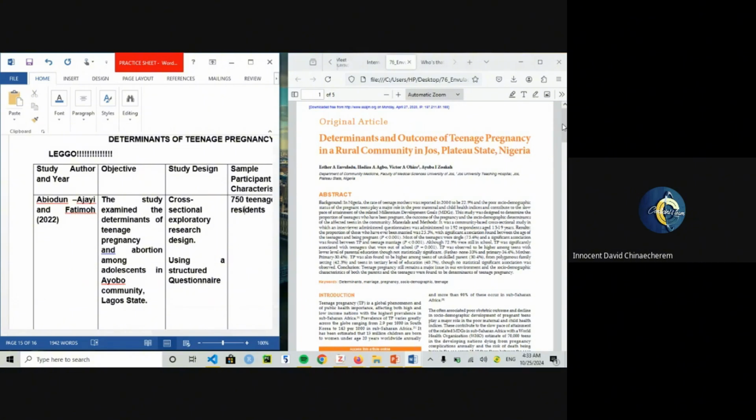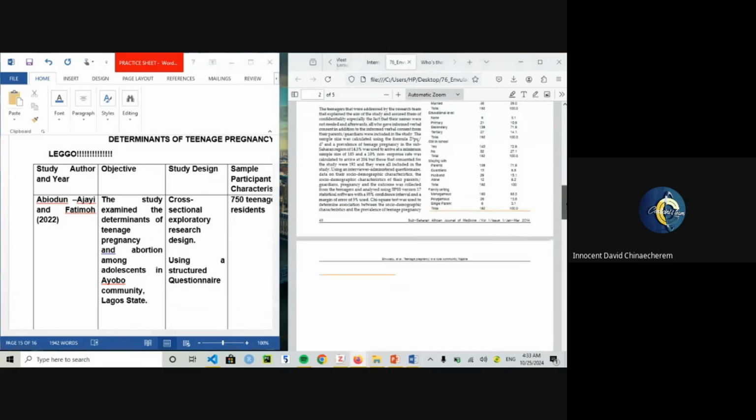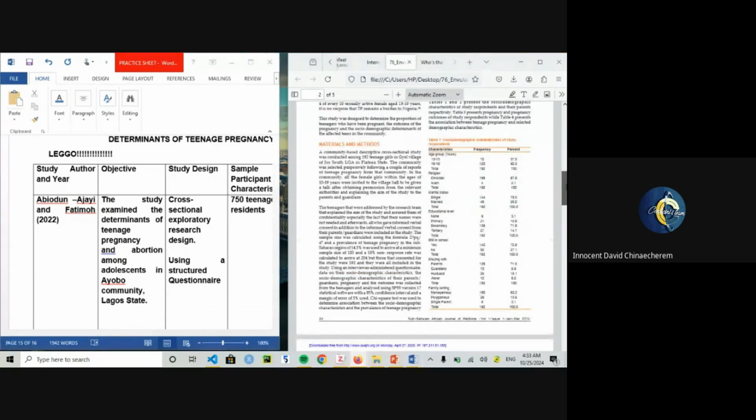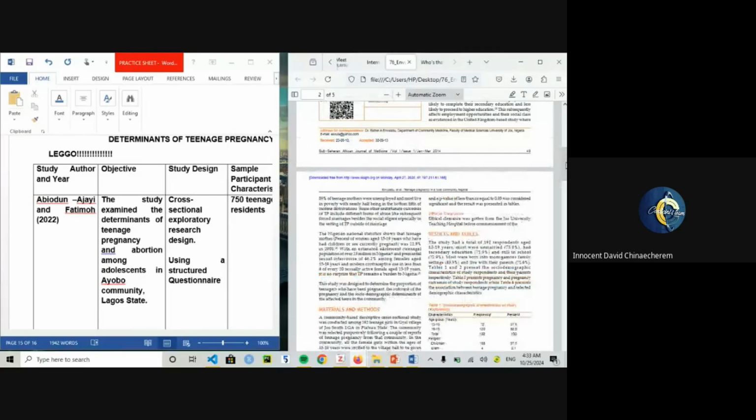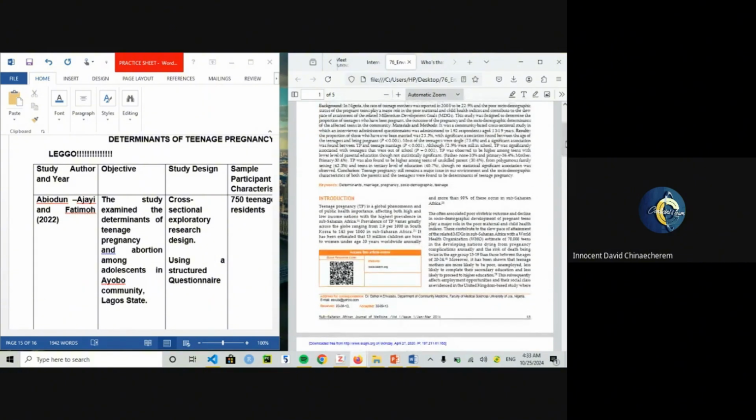So that means you have to thoroughly go through the full text of this paper, get some of the findings, and properly critique the methodology and all these things. You really need to critique all these things to make sure you get yourself on board.